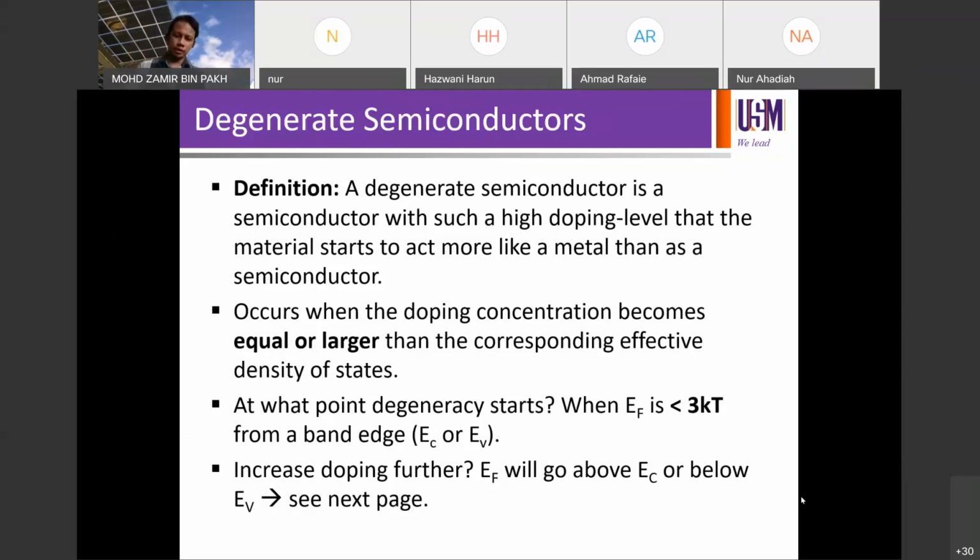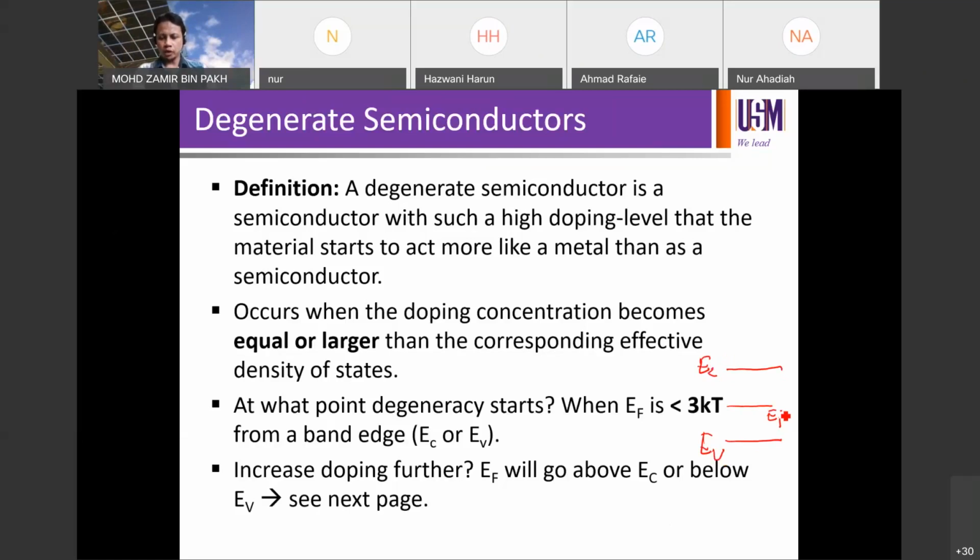Let me draw here. For example, EC, EV, and EI is the original level before doping. EI is before doping because it's intrinsic.